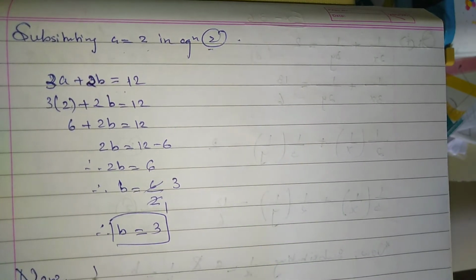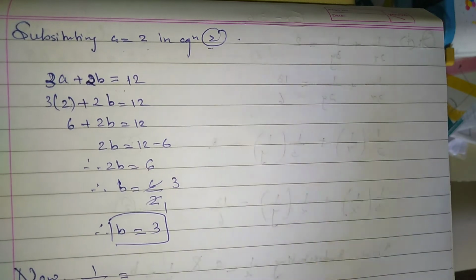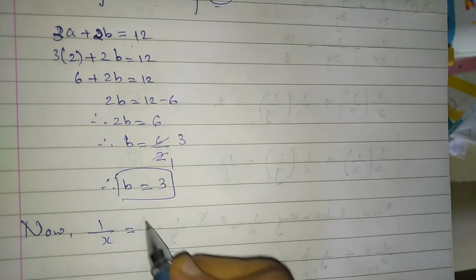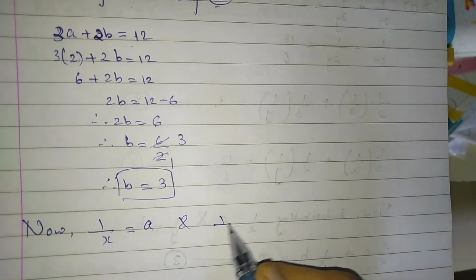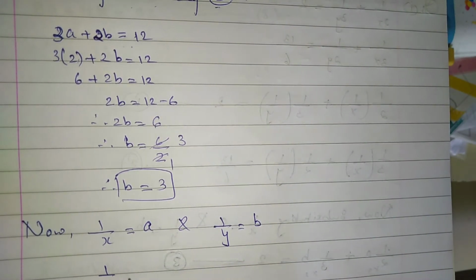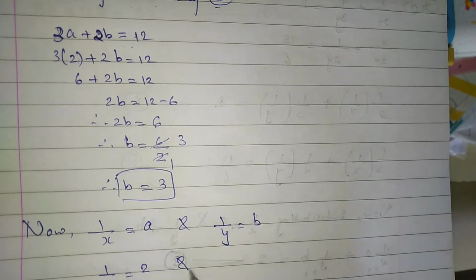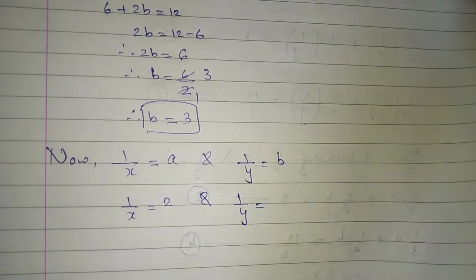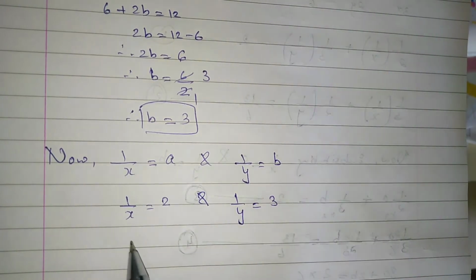Now 1 upon x equal to a and 1 upon y equal to b. So 1 upon x equal to 2 and 1 upon y equal to 3.